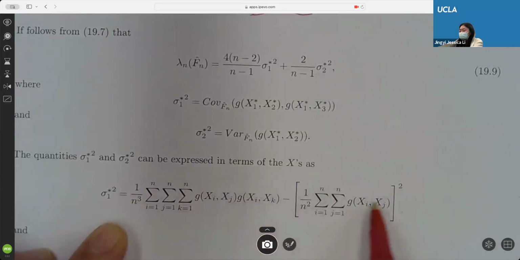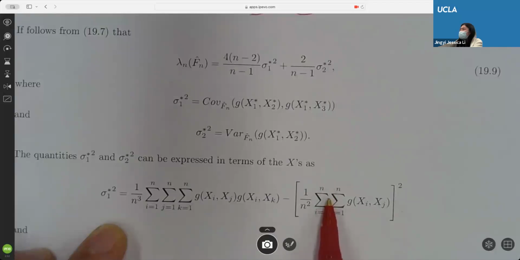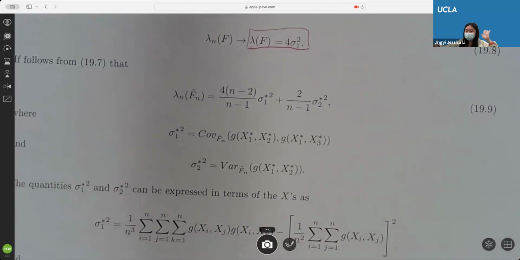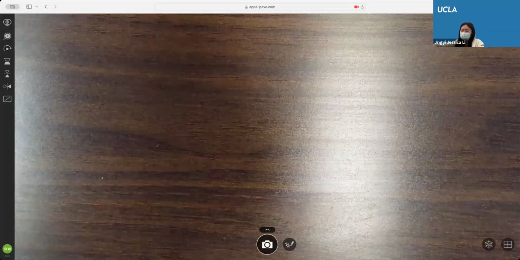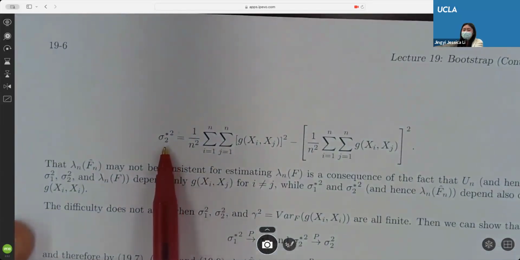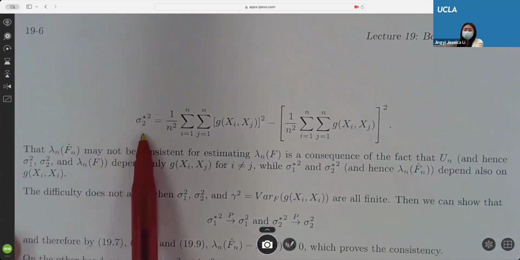And the second part is the square of the average, right? For each average, now I only go through a pair, xi, xj, both can go from 1 to n. So that's my exact formula for sigma 1 star squared. Similarly, I can get an exact formula for sigma 2 star squared based on my sample.